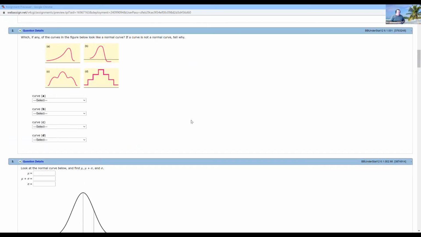Okay, now we have 4 shapes here, and they're asking which of these curves in the figure below looks like a normal curve. Now, our normal curve has to have a kind of hill shape, but it doesn't always necessarily follow. So I'm going to tell you why it's D first.